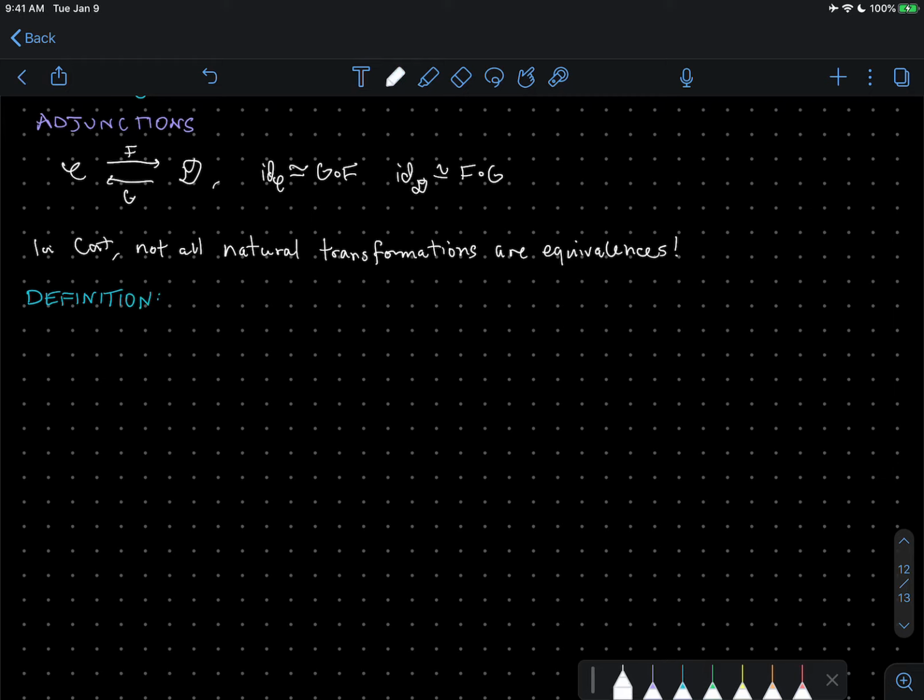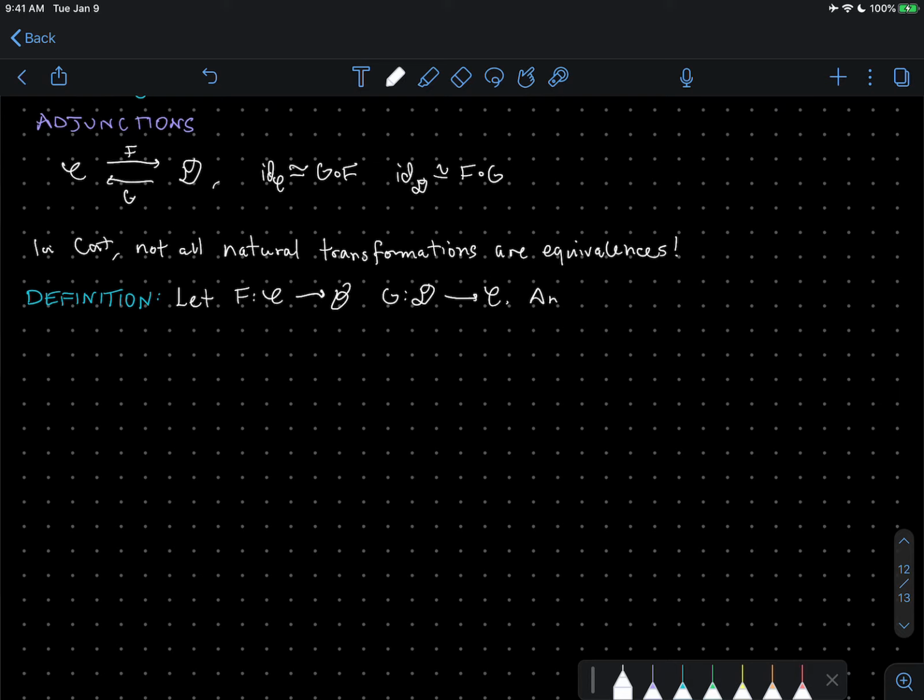What I'm going to give is two definitions that are related, and I will leave it up to you to precisely formulate and prove what their relation is. So let's have functors F from C to D and G from D to C.